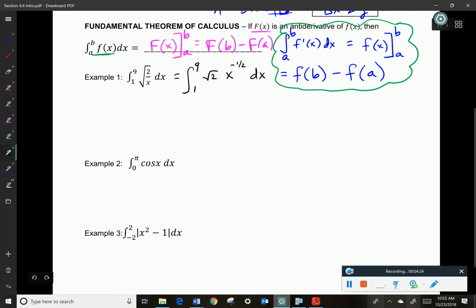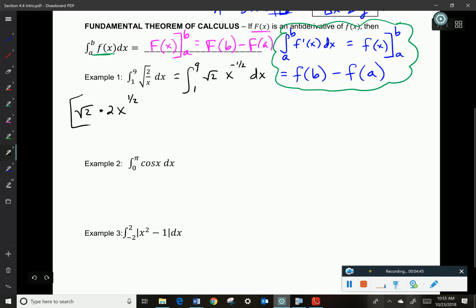If I think about it that way, I don't have to use substitution. I'm going to integrate, and the square root of 2 is just a constant, so I'll leave it alone. If I integrate x to the negative 1/2, it becomes x to the positive 1/2, and then instead of saying over 1/2, I'm going to say times 2.